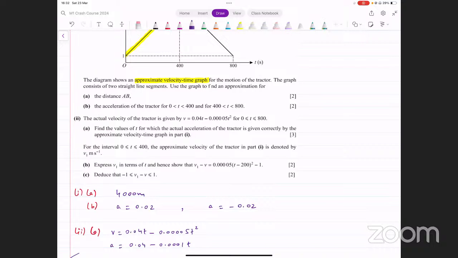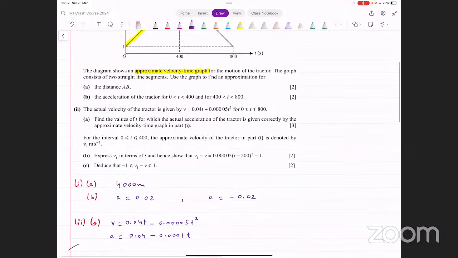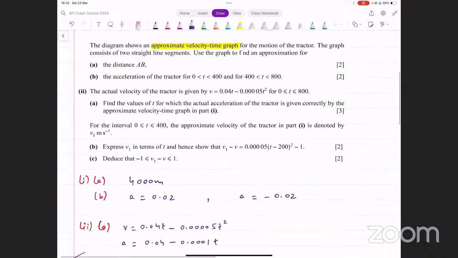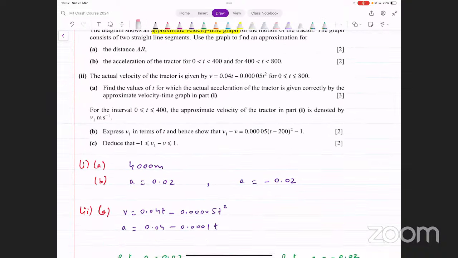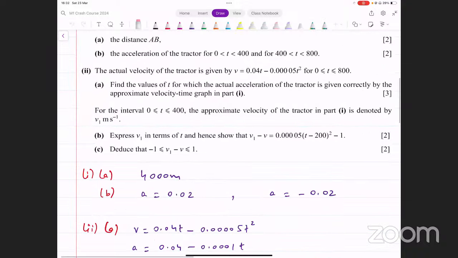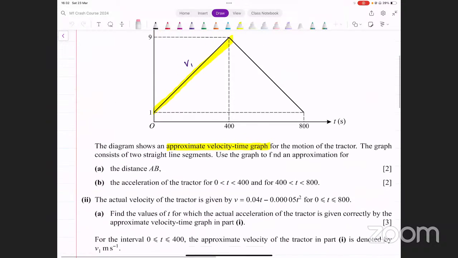Okay, let's have a look at the last part now. It says deduce that v1 minus v is between minus 1 and plus 1. Okay, now how do we think about this?